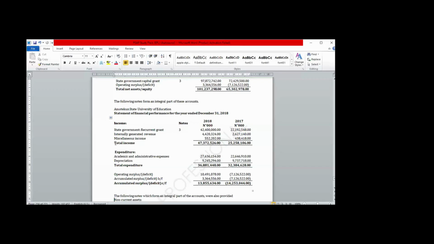When we compare the total income with the total expenditure, we have 10,491,078. That is what you are meant to pick as your surplus for the year. Is it clear? Yes, sir. Thank you very much.